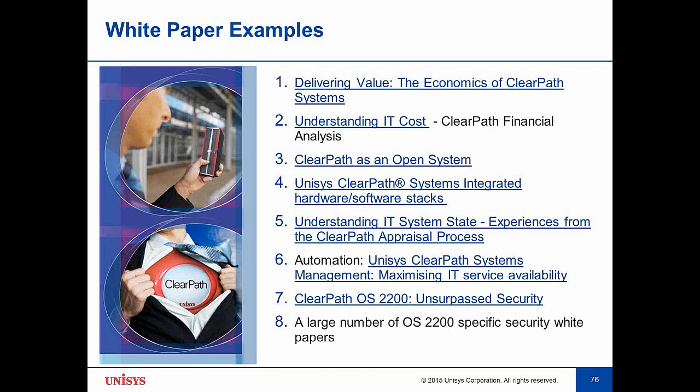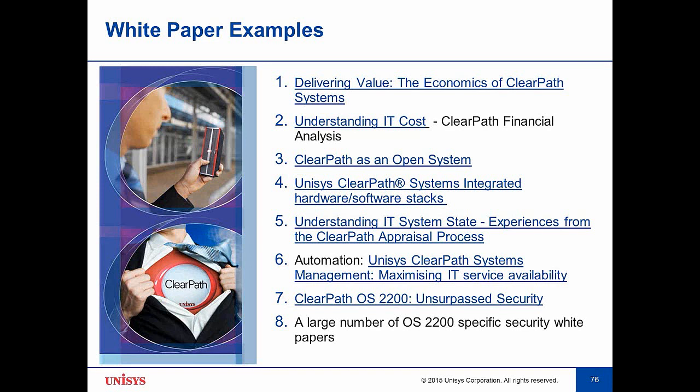So highly recommended. ClearPath as an Open System has been updated, and ClearPath Integrated Hardware Stacks white paper has been updated. Understanding IT System State, experiences from the ClearPath appraisal process, has been updated. The system management paper has been updated, and the ClearPath OS 2200 Unsurpassed Security paper. I love that paper.